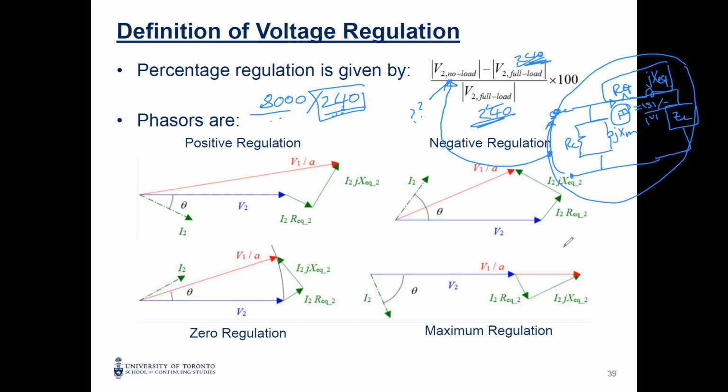Let me repeat this one. So you have this circuit. We know that this voltage at the load, we always assume, let's say it's 240 angle 0, or if you are in the primary, you are going to use this. I know the R, or we calculate it through the example during the exam.